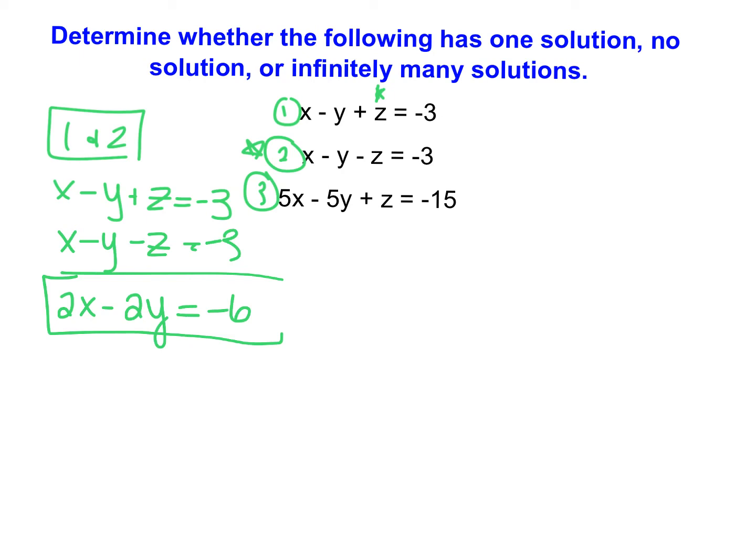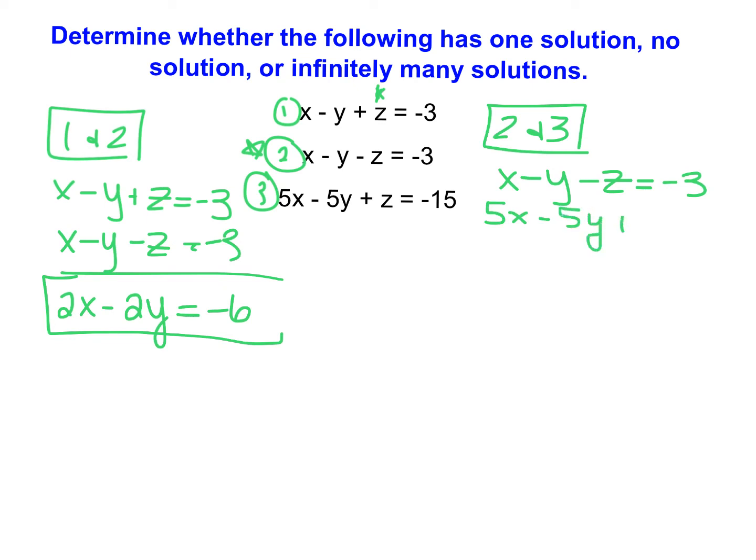Moving along, I'm going to combine equations 2 and 3, because again, all I have to do is add them to eliminate z. So I have x minus y minus z is equal to negative 3. And then I have 5x minus 5y plus z is equal to negative 15. Again, I add straight down to eliminate, so I end up with 6x minus 6y.